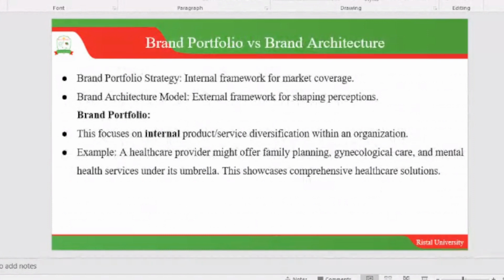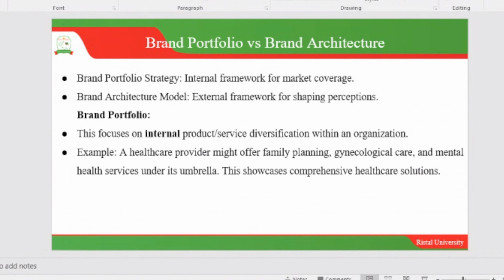So today we want to just be able to relate what brand portfolio and brand architecture are. In brand portfolio strategy, we're looking at an internal framework for market coverage, meaning you're looking within your company or within your service provision.